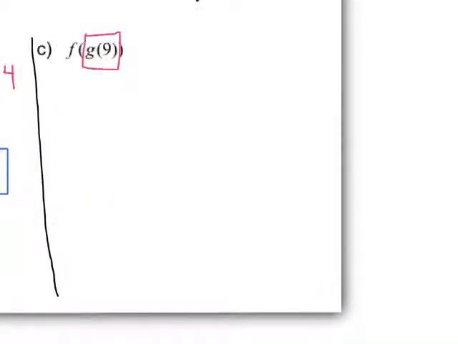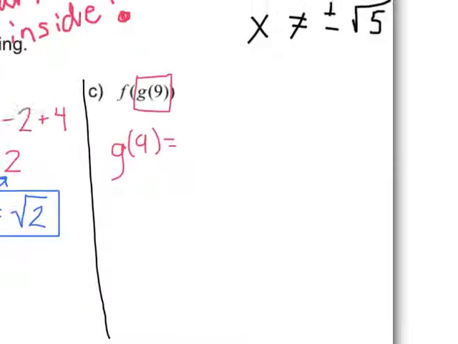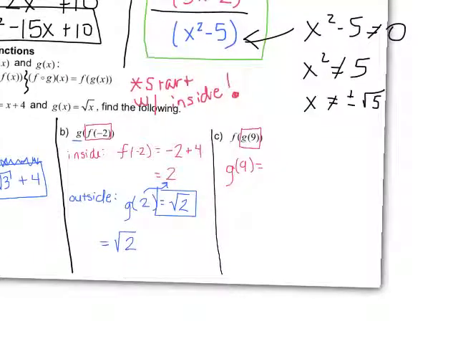Downstairs. All right, so g of 9, this is the inside. We're going to do that one first. So we follow the g function. And when we follow the g function, we're going to plug it in right here. And it's equal to 3. All right, so then we're going to use the f function, and let me do this in blue like everything else I did.